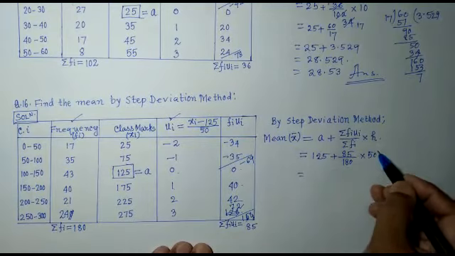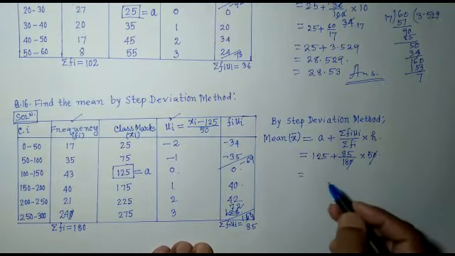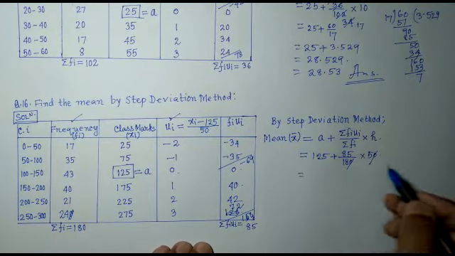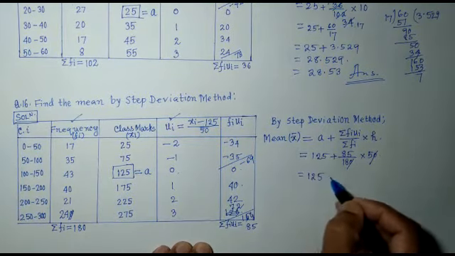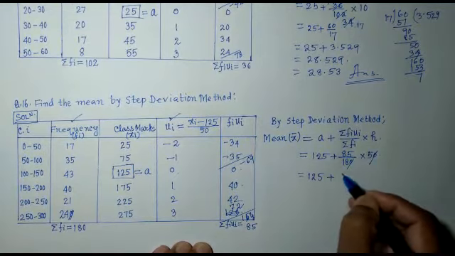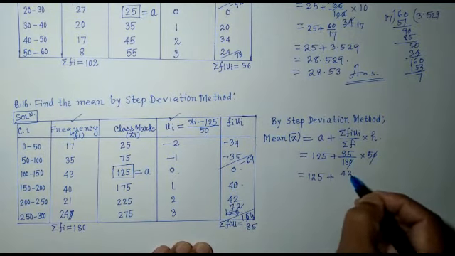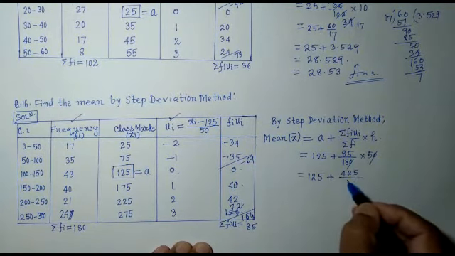Now do the calculation, 0 and 0 cancel, and next will be 85 multiplied by 5. So here it is 125 plus 85 multiplied by 5, it is 425, and below is 18.